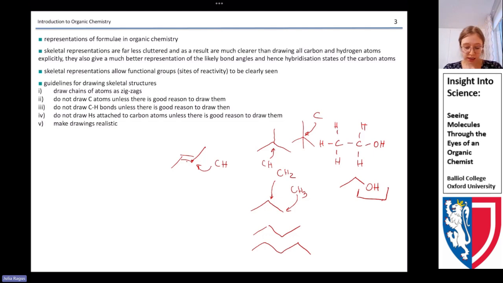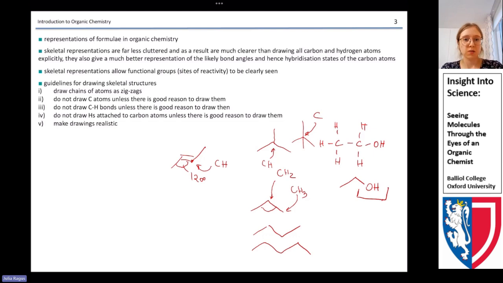Now, what you can see is that when I was drawing our saturated chains and unsaturated chains, the angle is approximately the same, and I'm drawing it as 120 degrees in both cases. So you represent the tetrahedral angle as 120 degrees, even though, remember, it's slightly less than that.